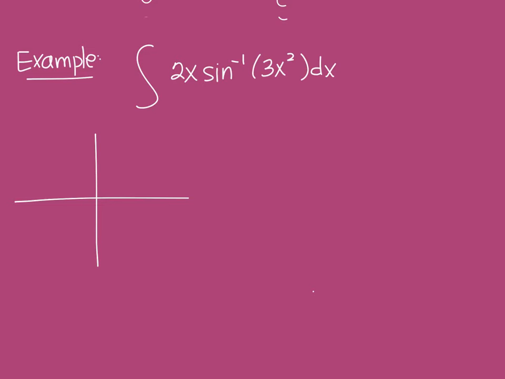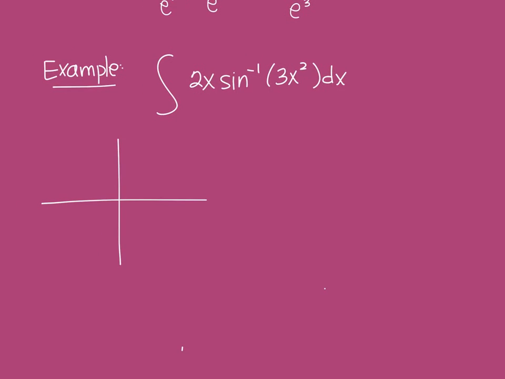So I'm just going to wait for a suggestion from you guys. Okay, so this time we have a polynomial combined with an inverse trig. The inverse trig beats out the polynomial, so we'll have sine inverse of 3x squared as u, which means everything else that wasn't chosen, which is the 2x and the dx, goes here.